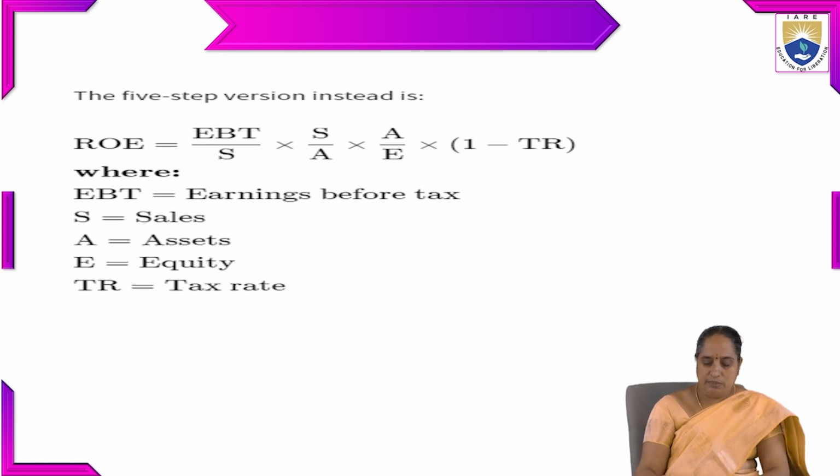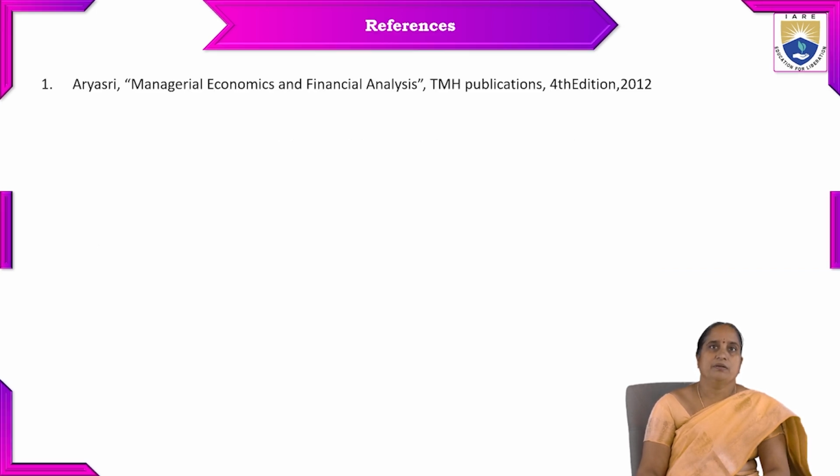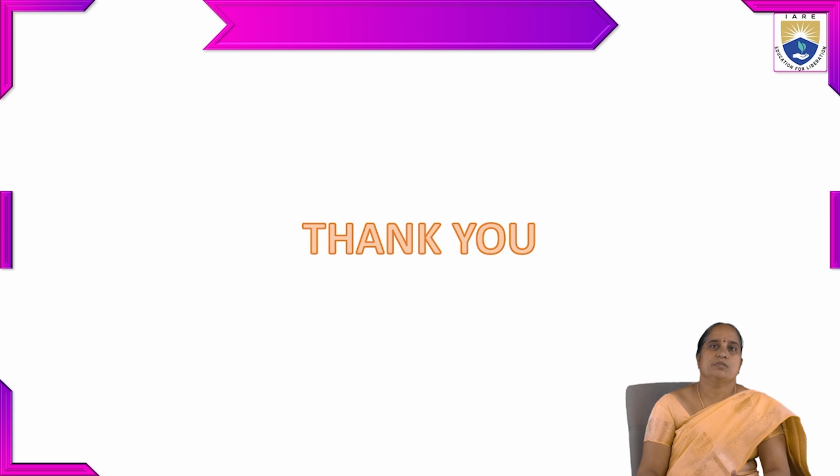So that is the basic difference between the three-step and five-step versions: only the components we incorporate in the ROE formula. So any company may easily assess their return on equity by using DuPont analysis.